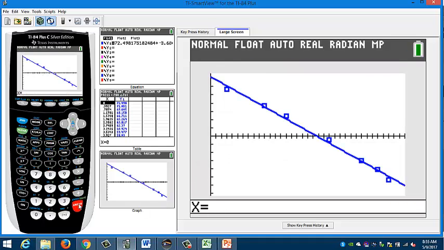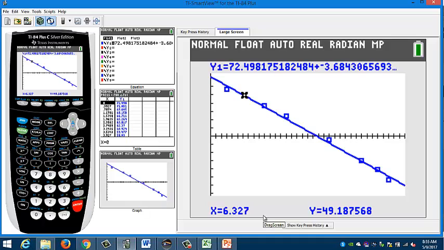I press enter. What do I type in? It says, what do you want x to be? You can type anything you want that's in the picture. 6.327. Enter. There's the temperature: 49.18 degrees. Okay?